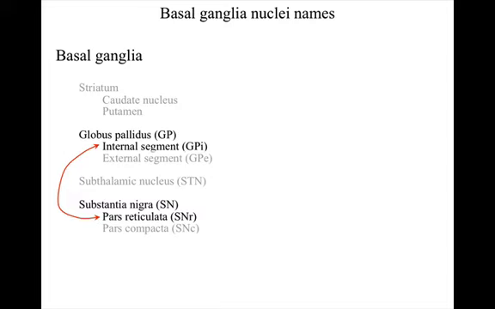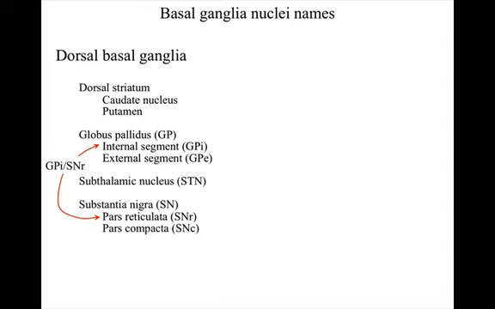In fact, the SNR is much more similar in neurons and connectivity to the GPi, and they're often regarded as essentially the same structure that's accidentally been separated into two parts by an axon bundle passing through. In some mammal species like the dolphin, the two structures are not actually separated. So we're going to refer to the two substructures as the GPi-SNR.